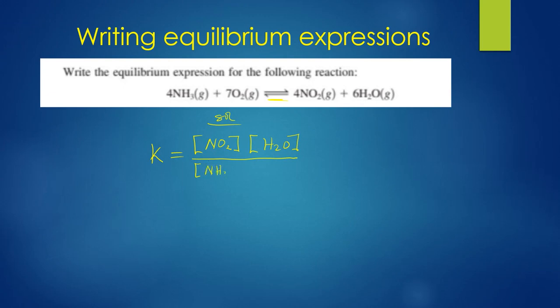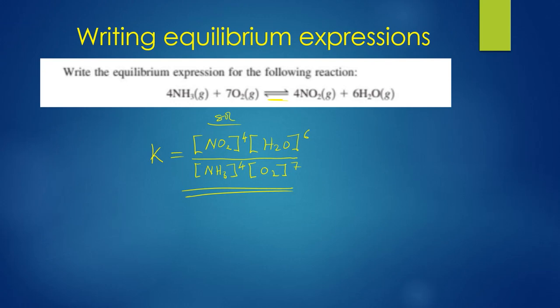Then you're going to have ammonia and O2, and then each must be raised to their coefficients. So nitrogen dioxide has 4, water has 6, ammonia has 4, and oxygen has 7. So just by doing this, you're done. So this is how you write the equilibrium expression.